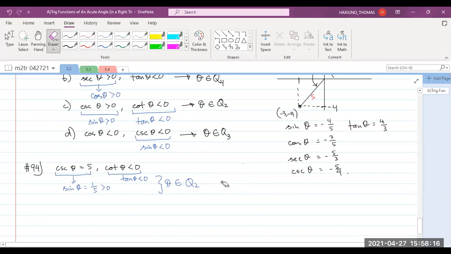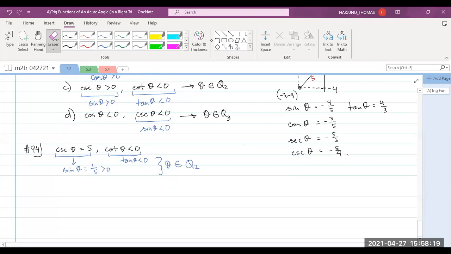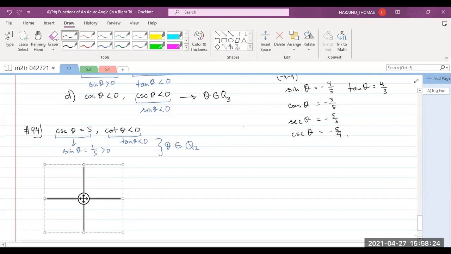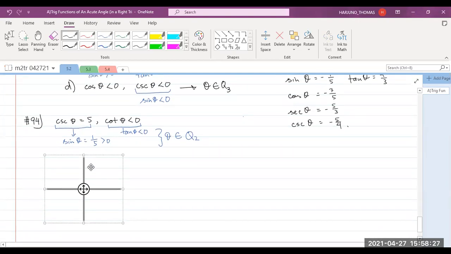Okay, now then picture that on your coordinate system. Make the y equal to 1, but the r equal to 5. 1, but the radius is 5. If this is 1, the radius is 5. Then what will be the other side?